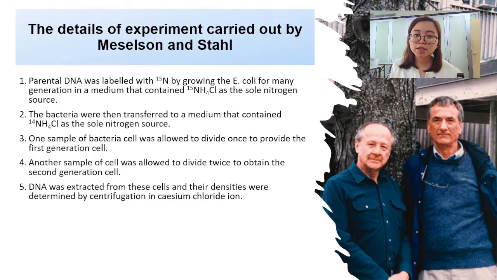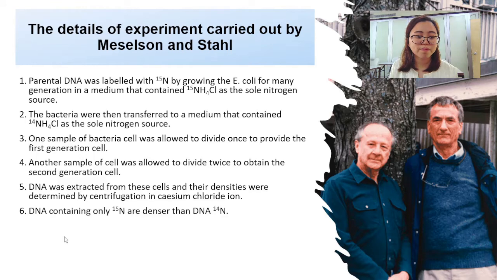DNA was extracted from these cells and their densities was determined by centrifugation in cesium chloride ion. What is meant at point number 5 is basically they take the DNA out of the cells, they extract it, and then the densities was determined through centrifugation, yang kasih pusing laju-laju, in cesium chloride ion, which is the medium used.